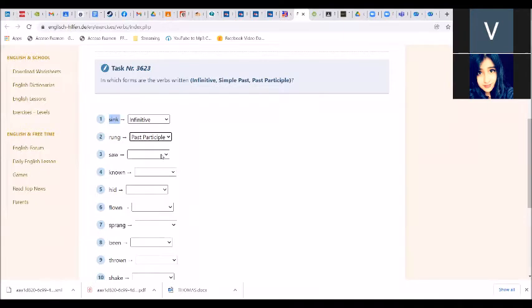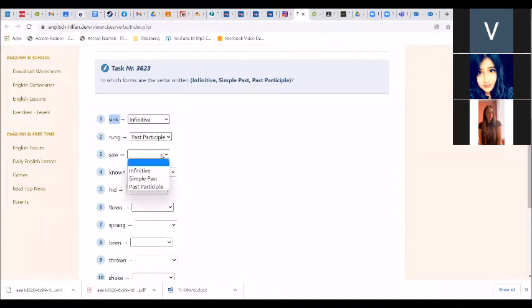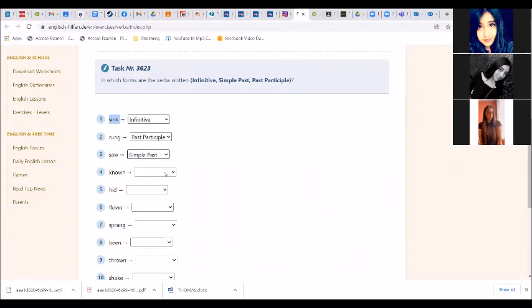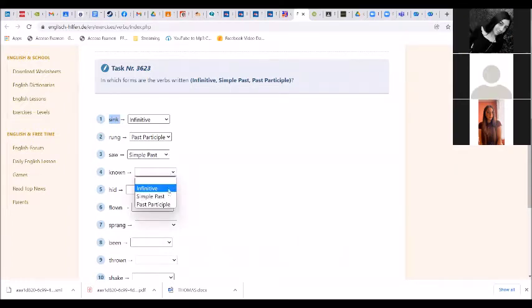Past participle. Fabi, I see your hand up. Yes, teacher. Simple past? Perfect. Mary Venegas. Infinitive? No, this is actually also past participle. Know, knew, known. All right. Altamirano.